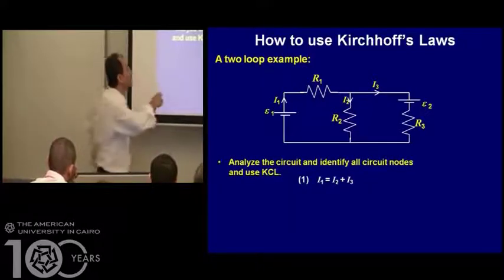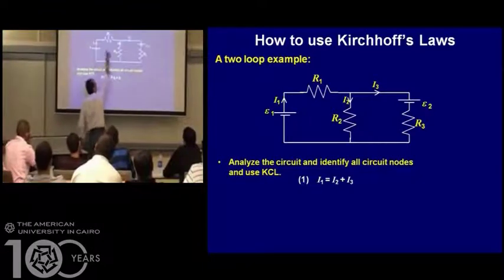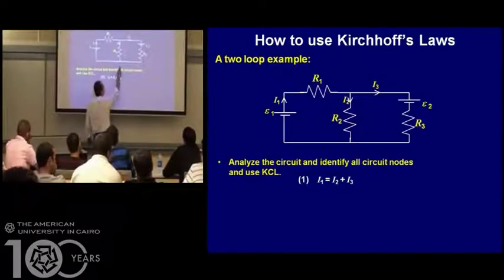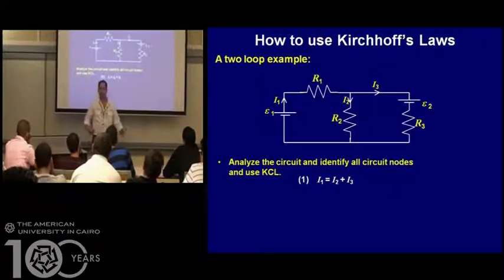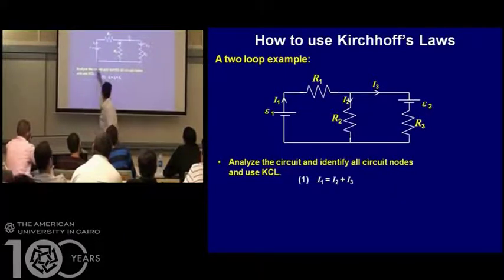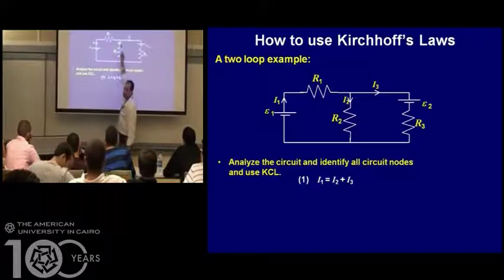This branch, I call a branch. I call that a loop. I call this a junction, and that a junction. The net current in a branch, I will call I1. I1 is going to flow in here. At that junction, what's going to happen to I1?